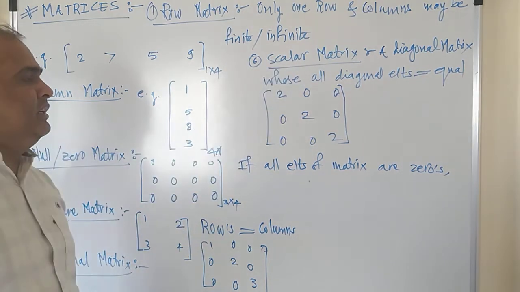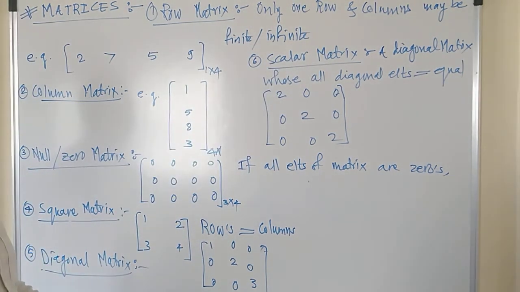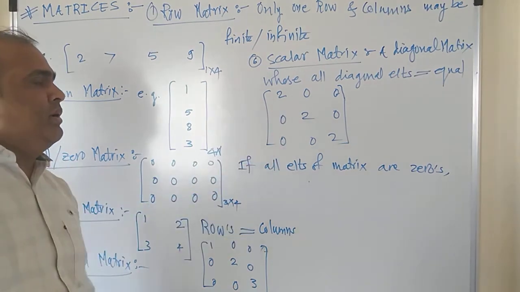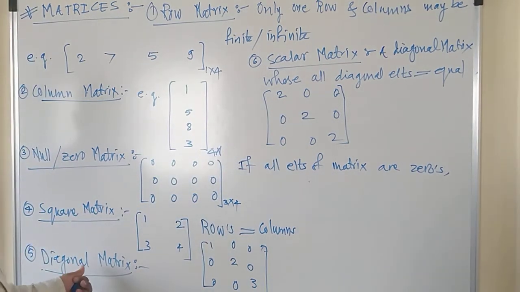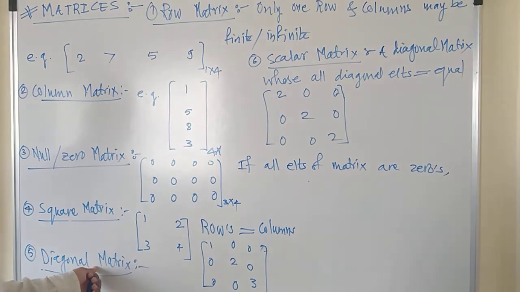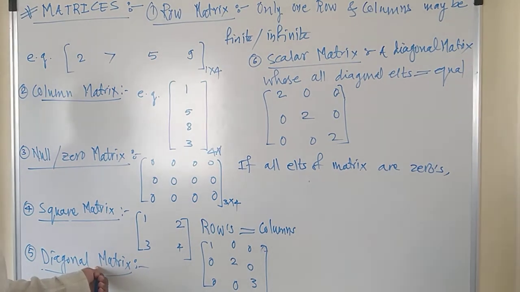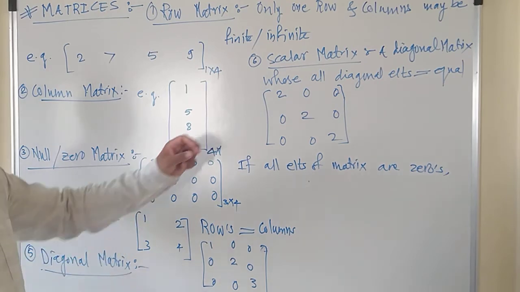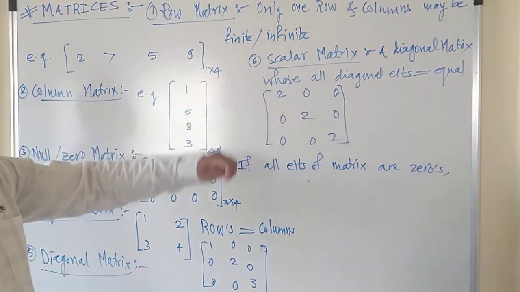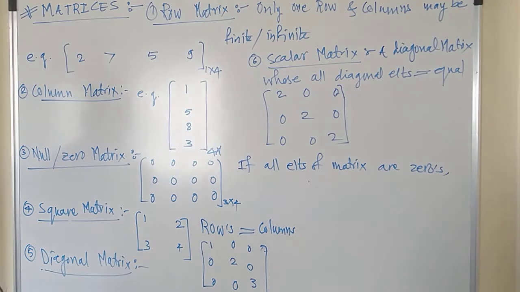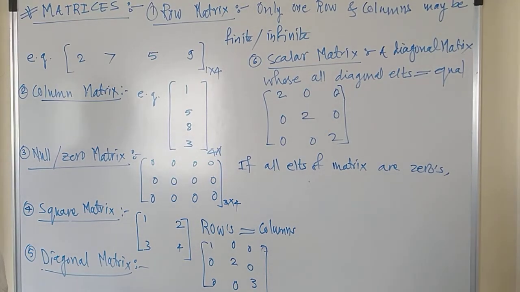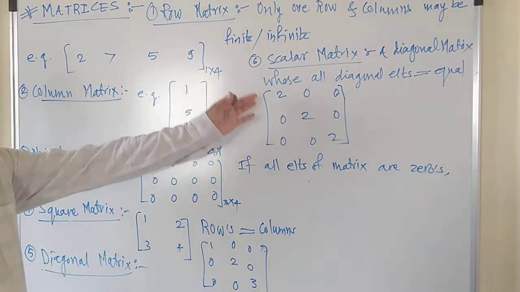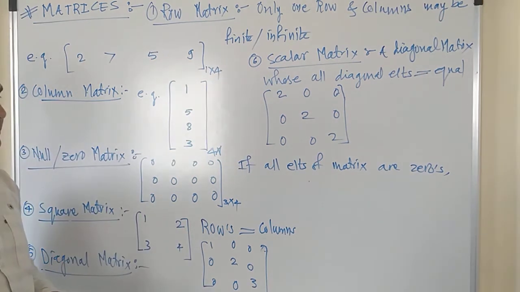So a scalar matrix is a square matrix because its number of rows and columns are the same, as well as a diagonal matrix, because to have a diagonal matrix, the number of rows and columns must be the same. Therefore a scalar matrix is a square matrix as well as a diagonal matrix, right? So hope you have understood these various types of matrices.